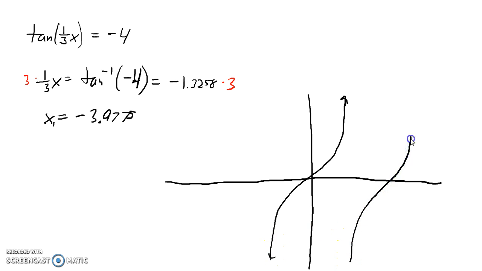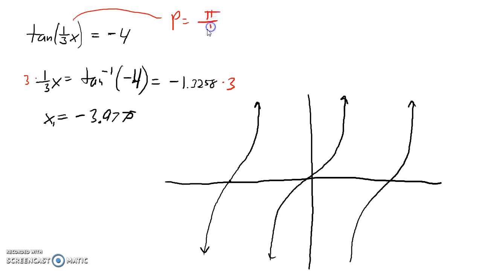Normally, remember, the tangent graph has a period of pi, but in this case the period is going to be pi over 1/3, or in other words 3 pi. So instead of this being at pi, this is going to be at 3 pi. You could also think of it as a horizontal stretch by 3, of course.